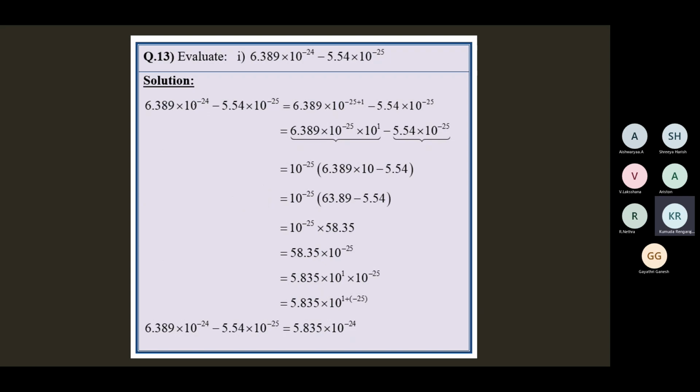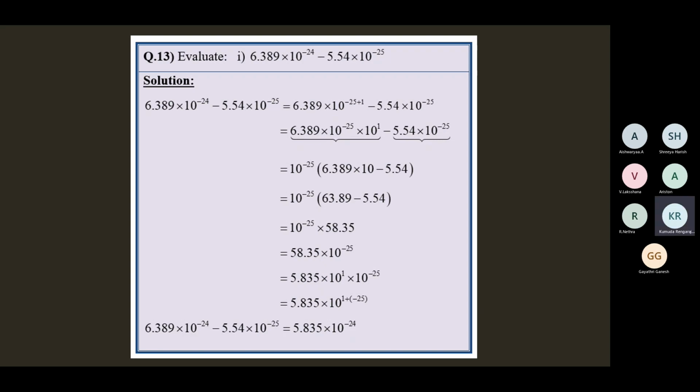So we write minus 24 as minus 25 plus 1. Why minus 25? Because we are going to take out 10 to the power minus 25 common.